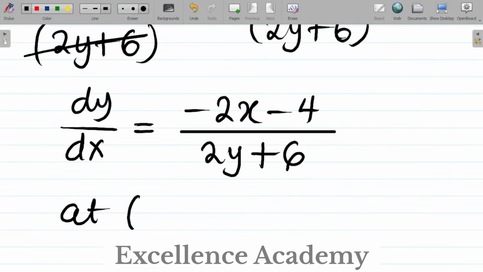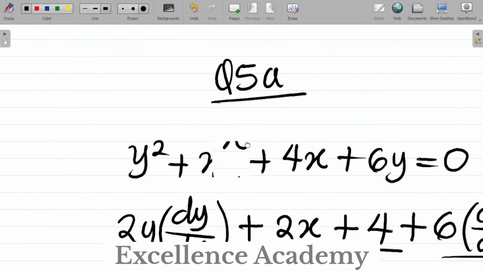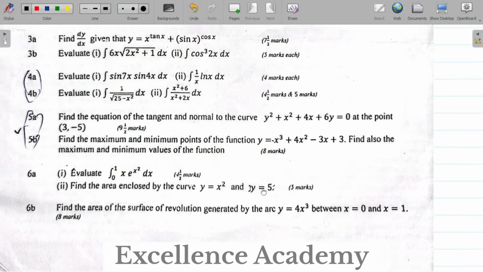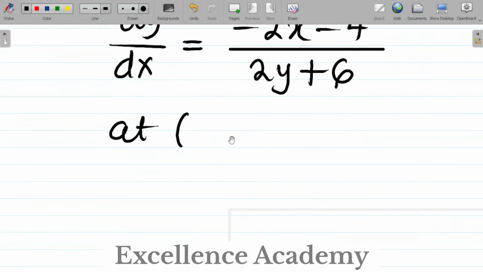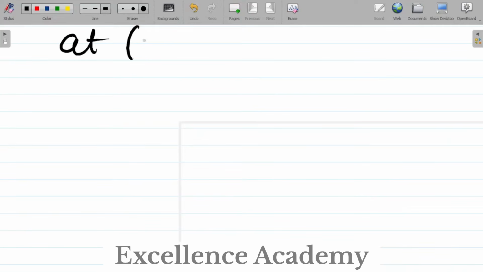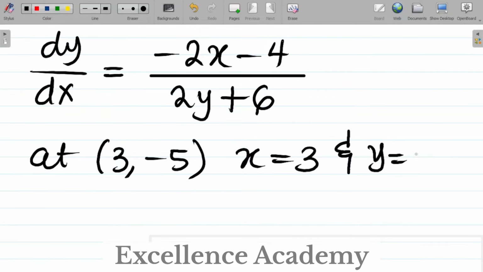Let's take the point. What point am I given? From the question, the point is 3 and minus 5. At 3 comma minus 5, what does it mean? It means that the value of x is equal to 3 and the value of y is equal to minus 5. So put x as 3 and y as minus 5. What do you have?